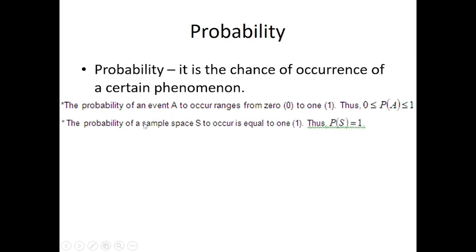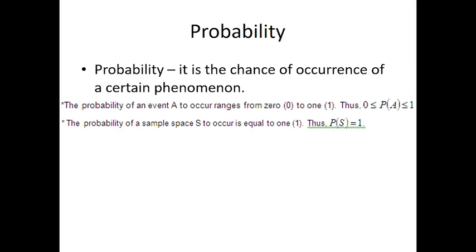In here, the probability of a sample space S to occur is equal to 1. So, yung chance na mangyayari yung event kapag sample space yung pinag-uusapan ay 1. Diba? Pag nag-toss ako ng coin, halimbawa, head and tail, yung mga possible outcomes.